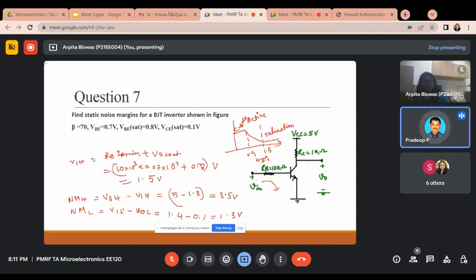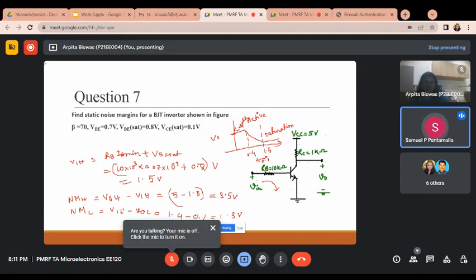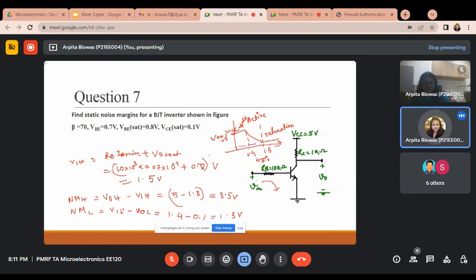VOH is 5 volts. So VOH equal to VCC. What is the value of VCC? 5. And here we have calculated the value of VOL. What is the value of VOL? 0.1. We see saturation, so 0.1 volt.